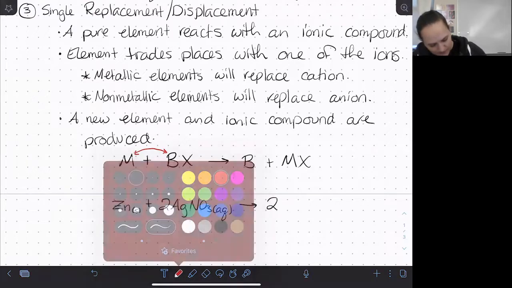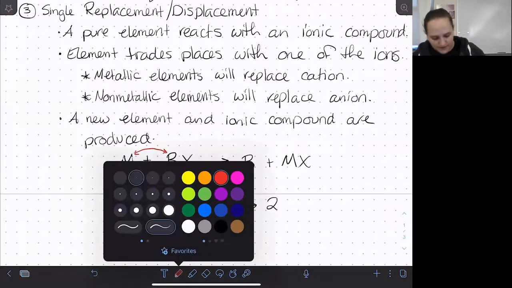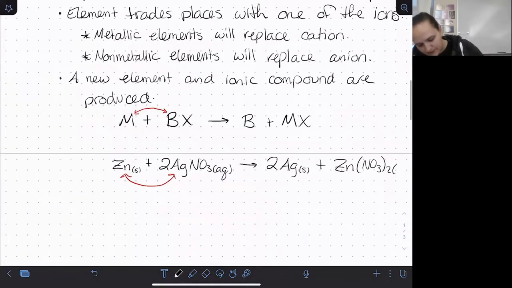When these two things swap places, the silver is now going to be by itself in its elemental form, and the zinc is going to become part of the ionic compound as zinc nitrate. So we can see this sort of one thing replaces another is where the single replacement name of this type of reaction is coming from.